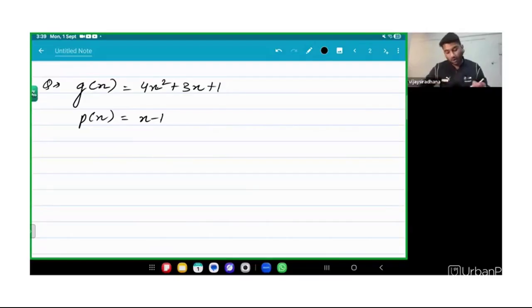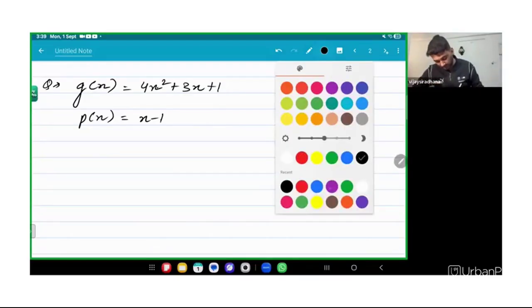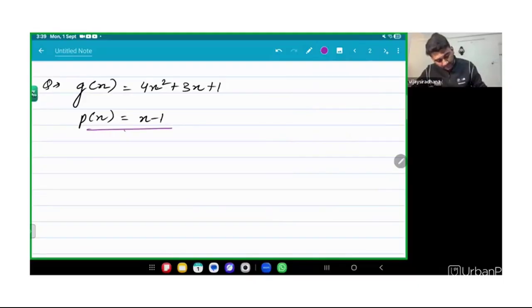For this, first of all, we need to solve p of x. So x minus 1 equals 0, so x equals 1.